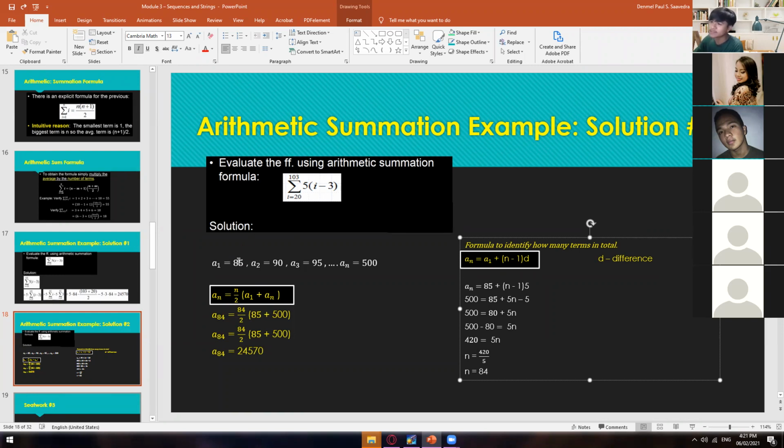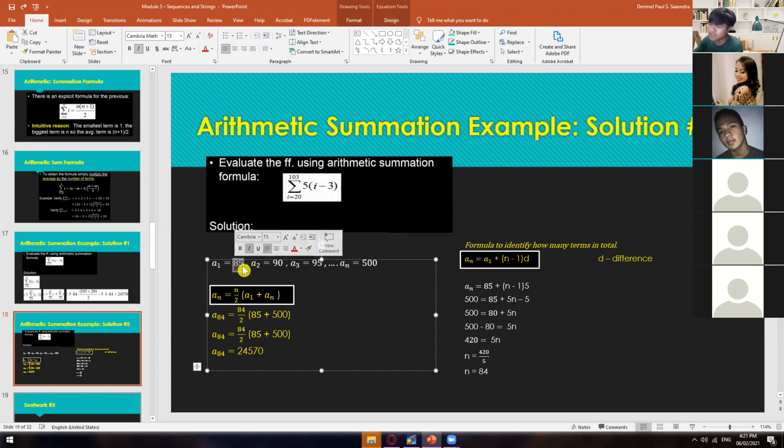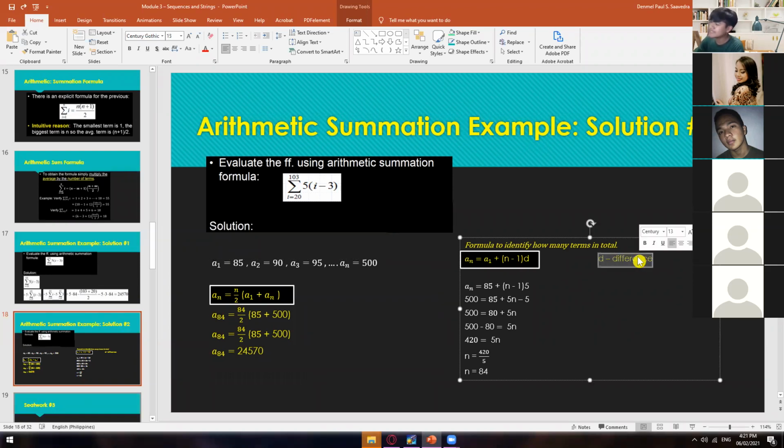Actually, no, sorry, you have to know at least 2 terms, not just the first term, because we have to know the difference from the first term to the second term, from the second to the third, and so on and so forth. So keep on substituting the second term, which is 21.